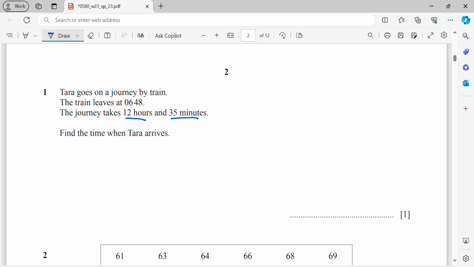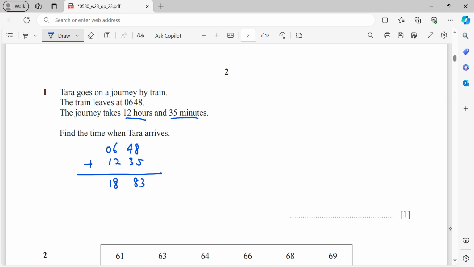For this question, we just need to add up the duration of the journey with the departure time. So 0648 plus 12:35. 48 plus 35, you will be getting 83, and then 6 plus 12 will be 18.